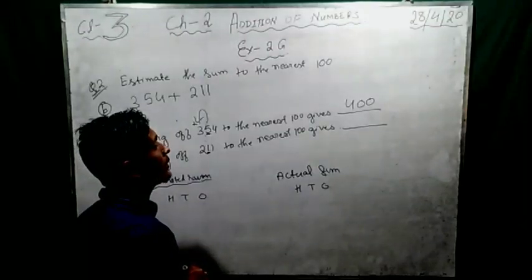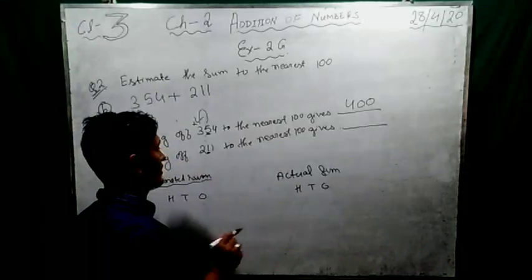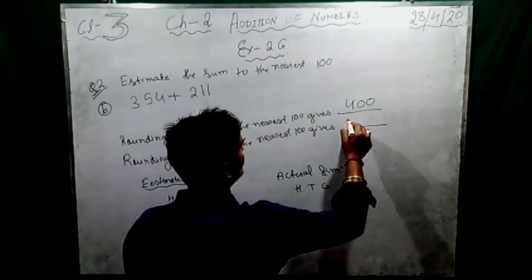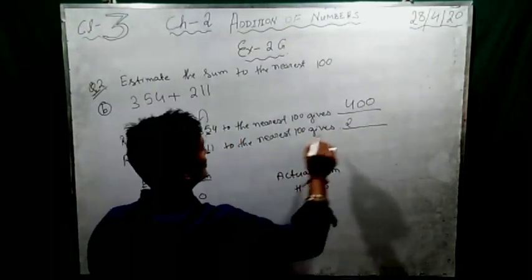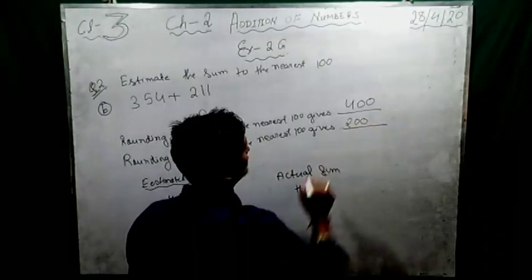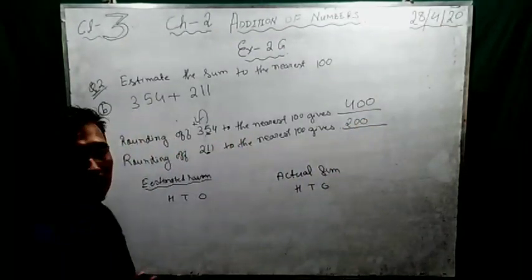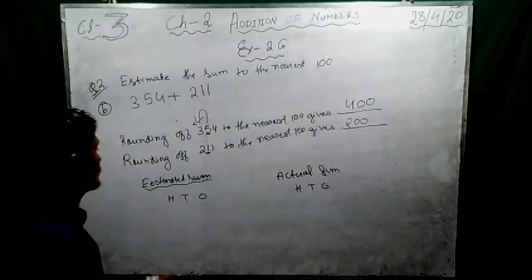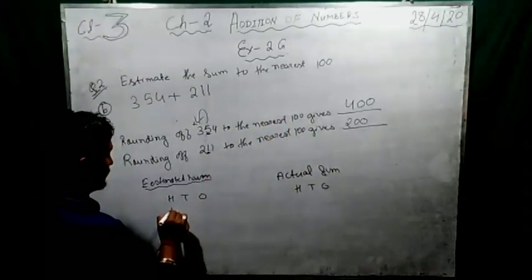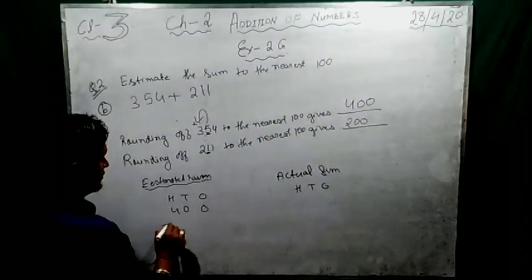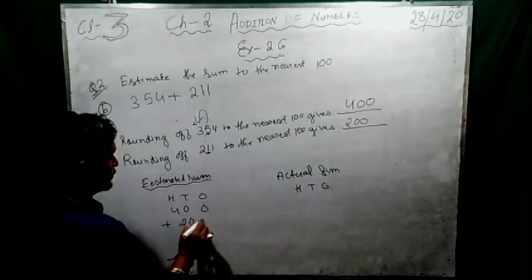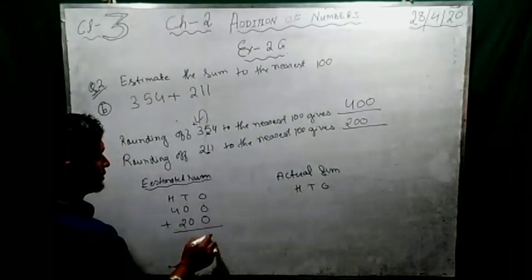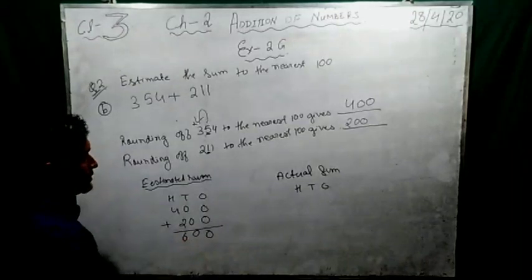In place of 1, what we have to do? It is more than or less than 5? Yes, less than 5. So no need to add. So 2 will remain 2, and in place of 1, 00. Clear? Clear, children? Okay. Now do your estimated sum. 400 plus 200. How much? Yes, 600.